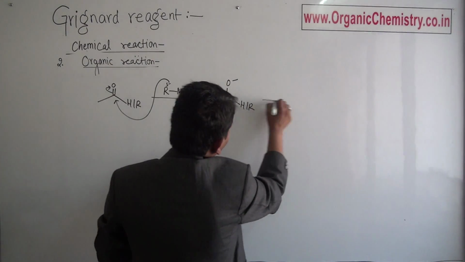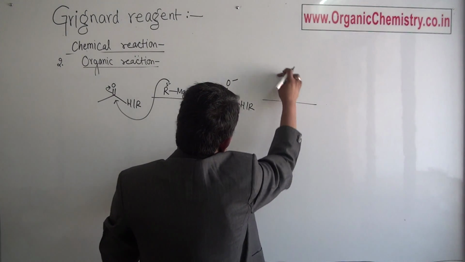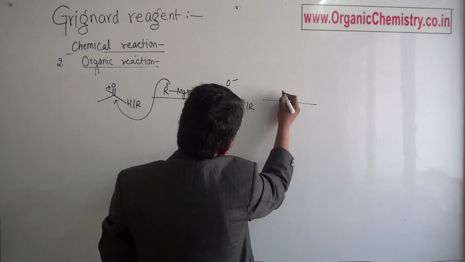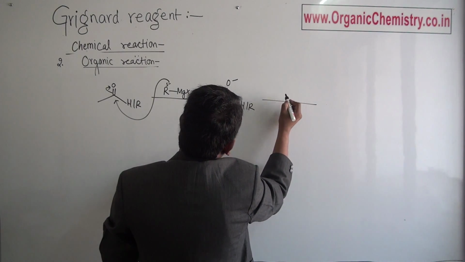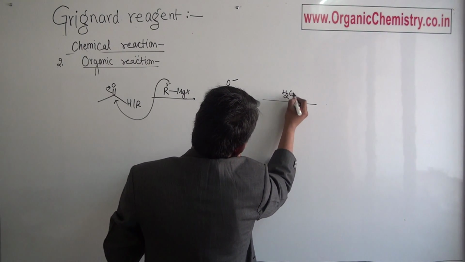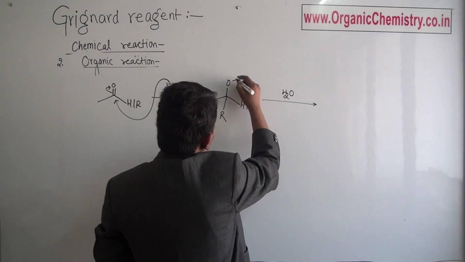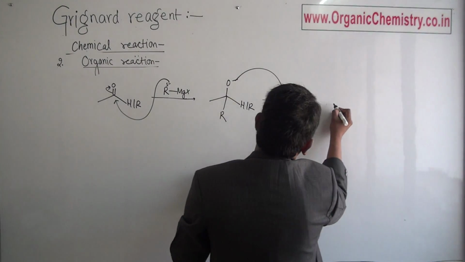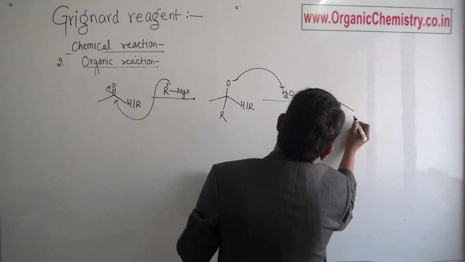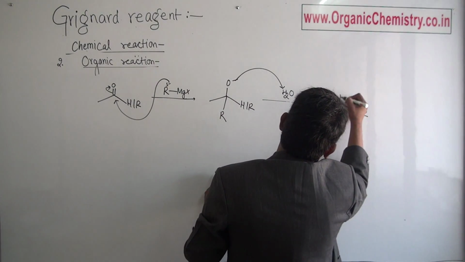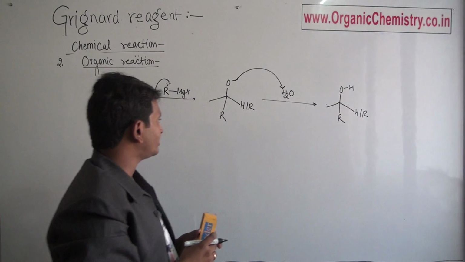If we drop this particular molecule into another container which has acidic hydrogen such as water, this nucleophile base attacks the proton to give the final alcohol as a product.